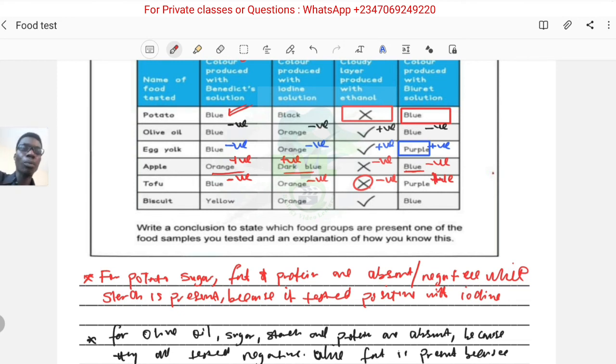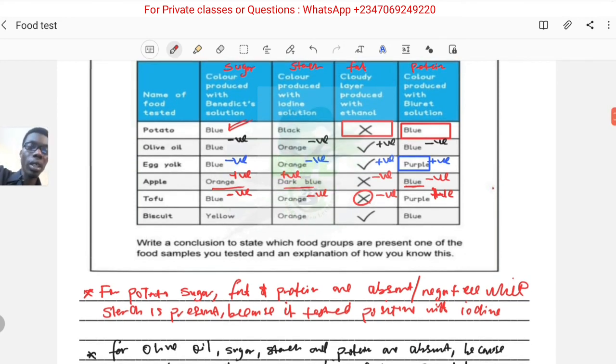Then lastly, I love this. For biscuit, the solution turned yellow, that means it is positive. If you remember, I told you, if it is green, it is a mild level of sugar. If it is yellow, that is a moderate level of sugar.